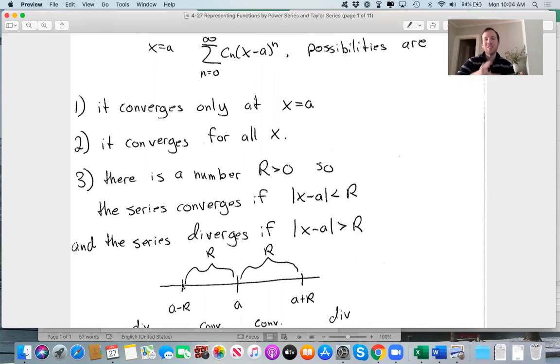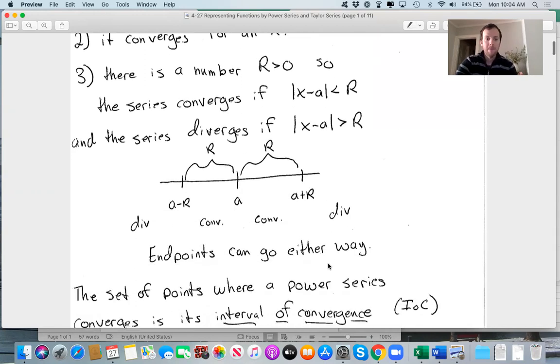And at the endpoints, you can go either way. You have to explicitly check those. So this is the third, most complicated option. There's some finite interval which is symmetric around your center. And the distance from the center to the edge of your interval, that's the radius of convergence. So the r, this distance, is called a radius. The whole interval, including whether you include the endpoints or not, that's called the interval of convergence.